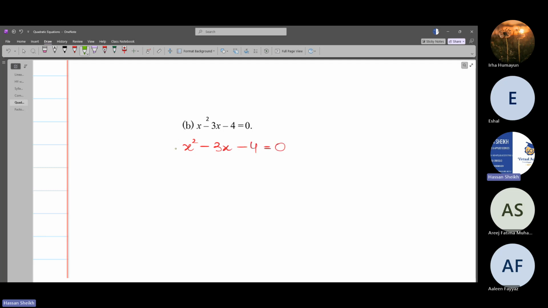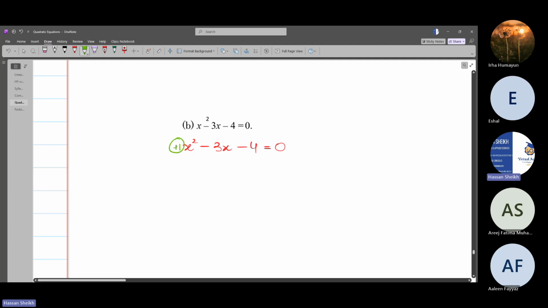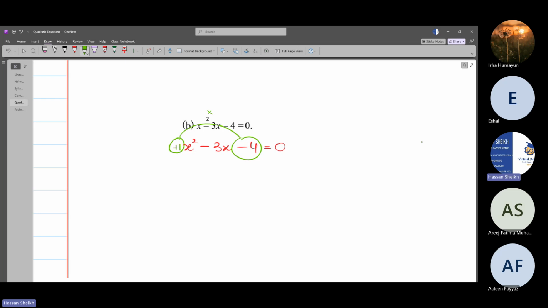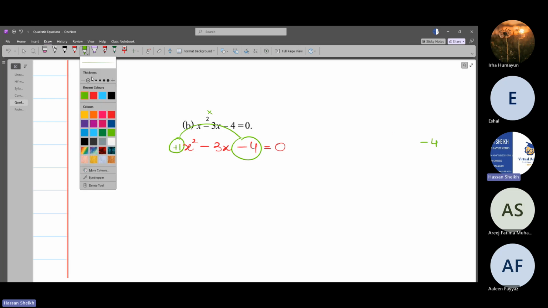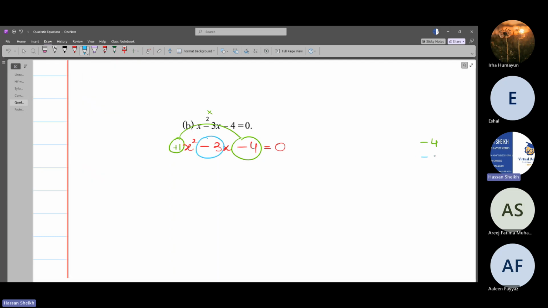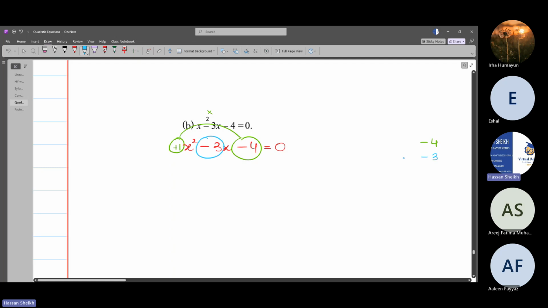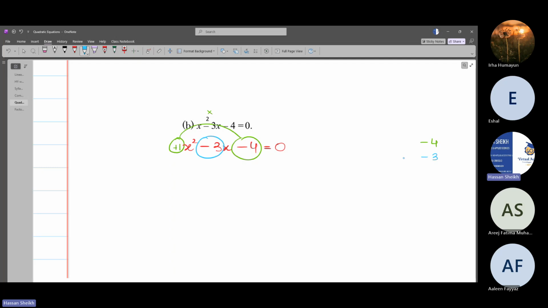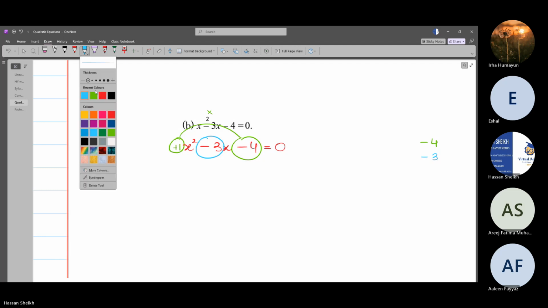So the first step is we multiply the coefficient of x squared with this constant number and it will generate plus 1 times minus 4. Minus 4 would be generated. And then we need to check the coefficient of x, which is the middle term. It's minus 3. So do we have any two numbers that would give us minus 4 when multiplied and minus 3 when added? 1 and 4.